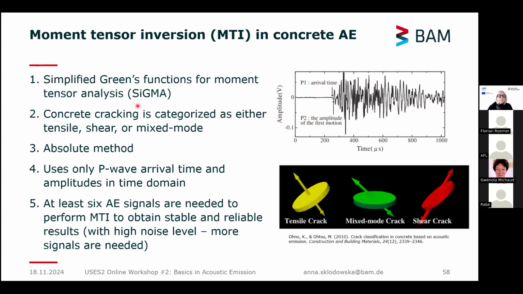But for this method, we need at least 6 good acoustic emission signals to get stable and reliable results. It's actually better to use more sensors if we have a high noise level.